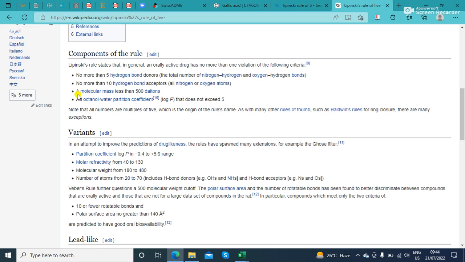And the last one is the lipophilicity. Here they are saying octanol-water partition coefficient, the log P. It should not exceed 5. That octanol-water partition coefficient is just the lipophilicity of your compound. So those are the things that we will look into.